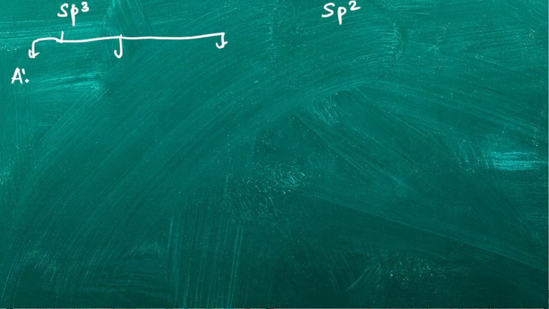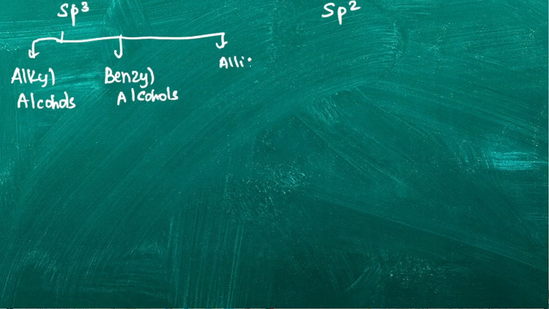Now sp3 hybridization is divided into three types. One is alkyl alcohols, then you will have benzyl alcohols, and allylic alcohols. sp2 hybridization is divided into two types.